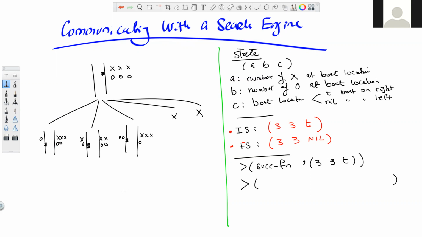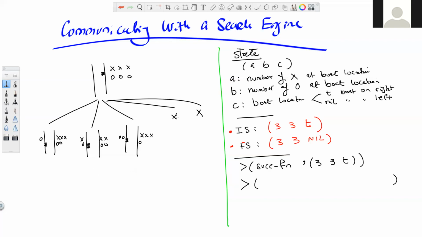So the question is, that's what happened here. This successor function, which should give me just a list of states, should capture and abstract all of the complications behind this picture.